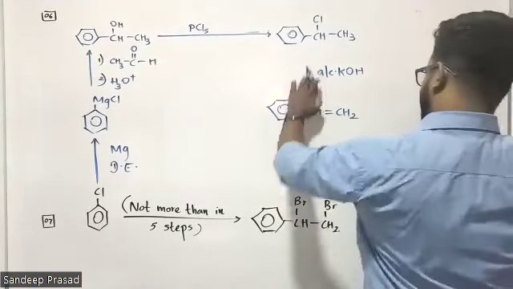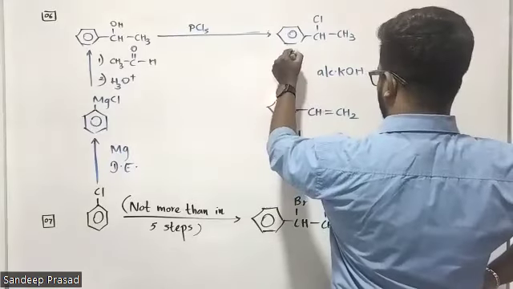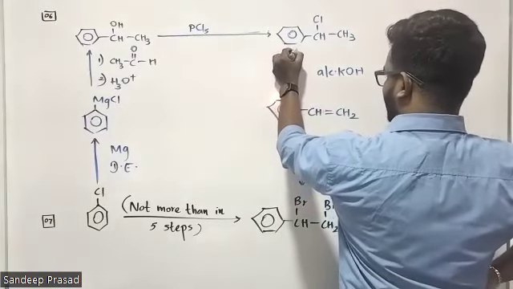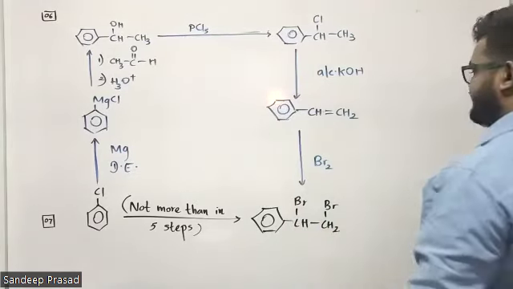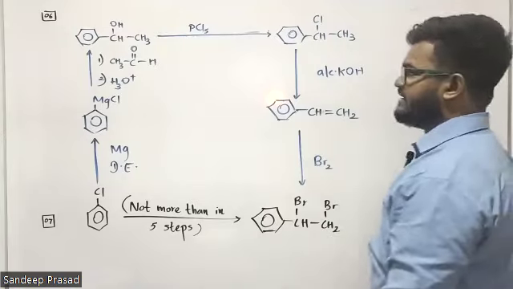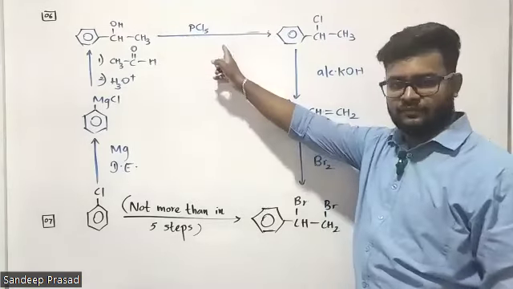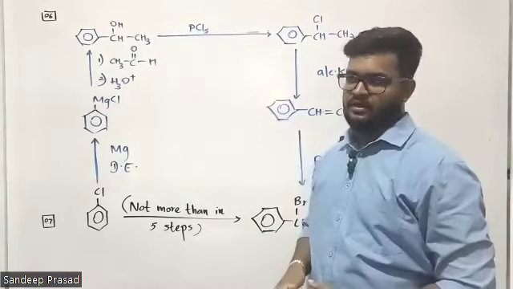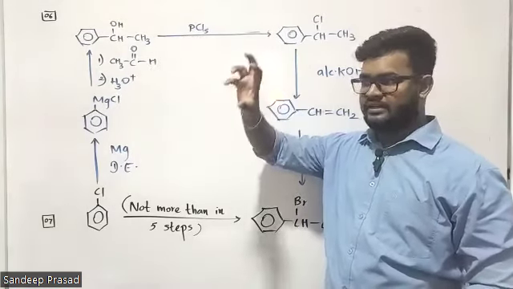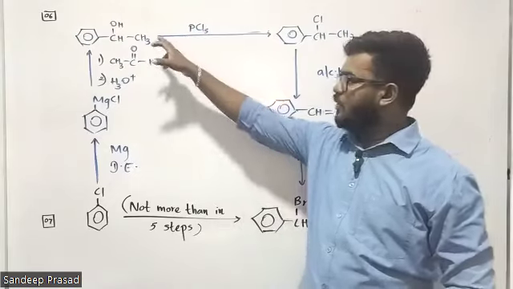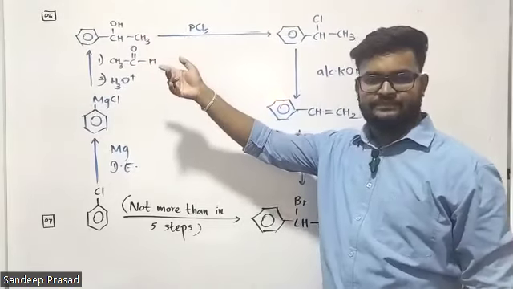Students, we can do this conversion within 4 steps also, but I haven't taught you that reaction yet. The next reaction we are learning is adding dehydrating agents like concentrated sulfuric acid, anhydrous alumina, phosphorus pentoxide. When we add those dehydrating agents, OH is eliminated with hydrogen.